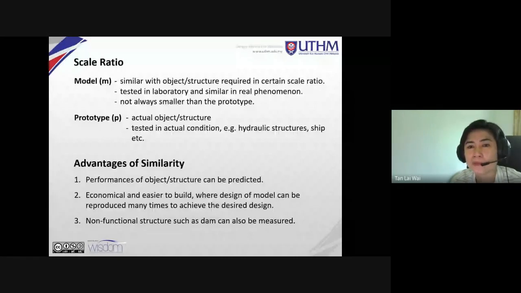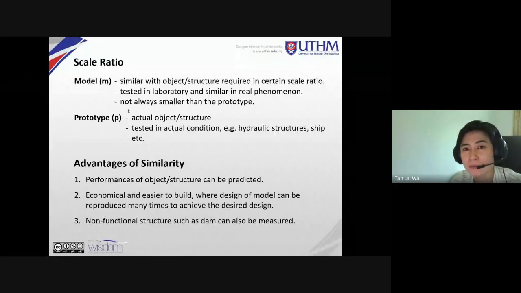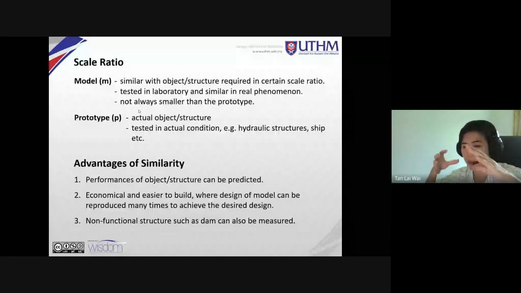So sometimes this model could be smaller, sometimes it could be larger. For example, if you want to test a dam, you could build a small version.